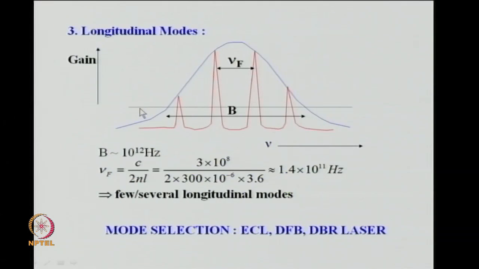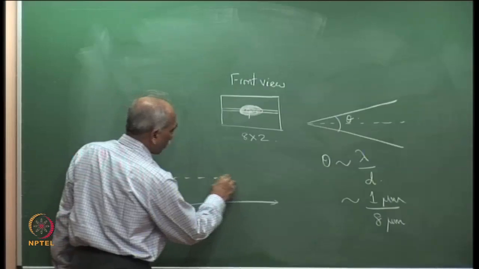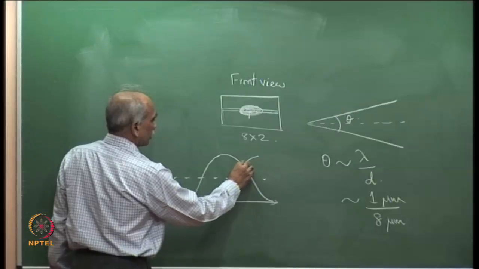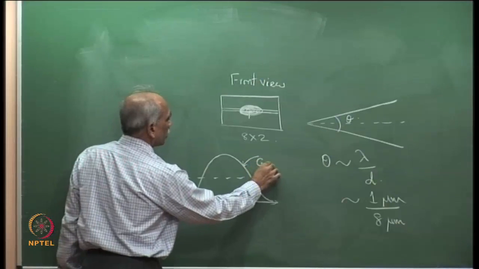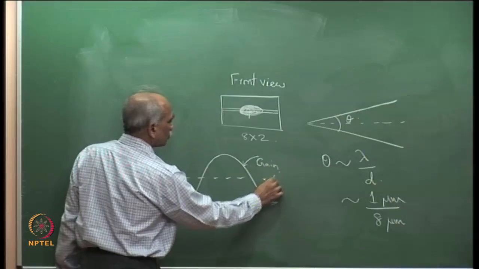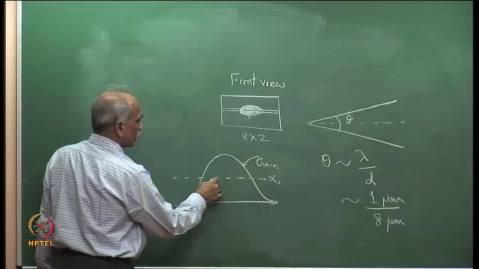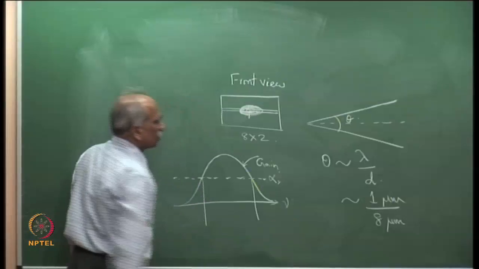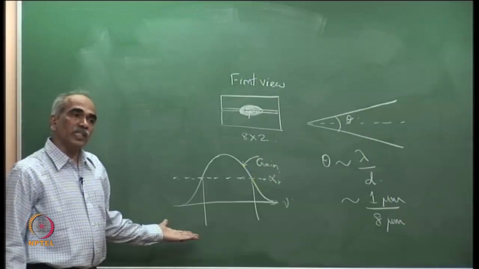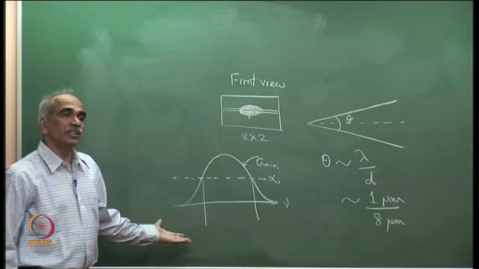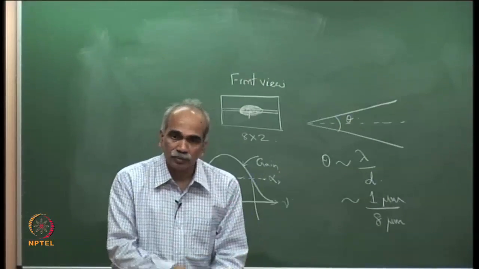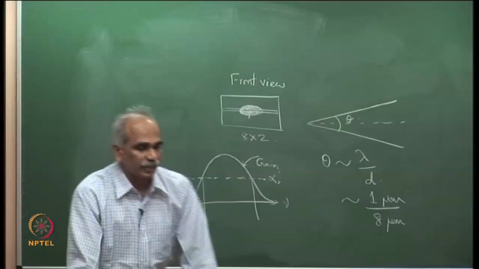Recall what we had discussed, that for all those frequencies for which the gain of the amplifier is more than the loss, we can have oscillations, and the resonance frequencies which will oscillate are determined by the laser. We will discuss this a little bit more. There are a couple of more slides which discuss this.